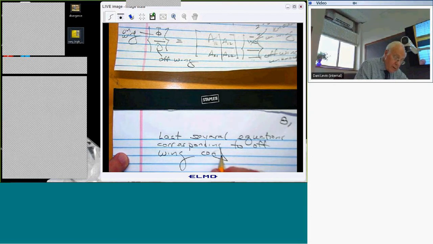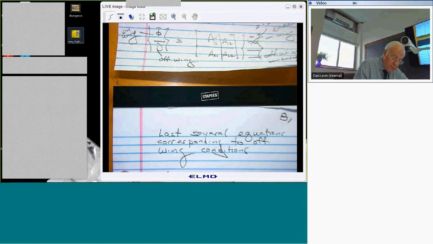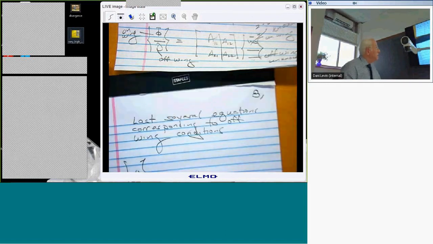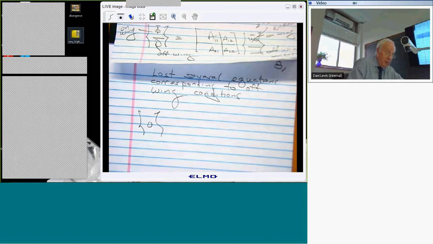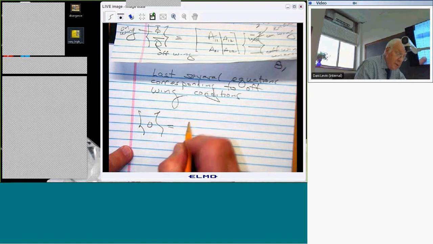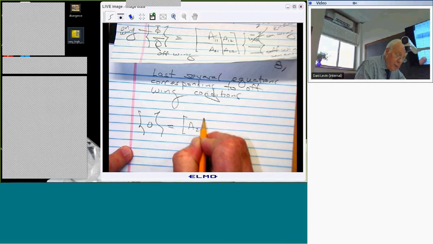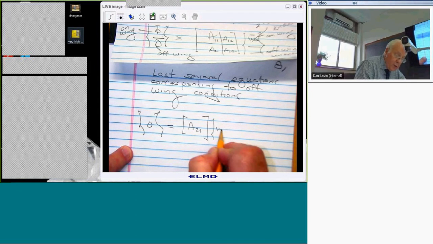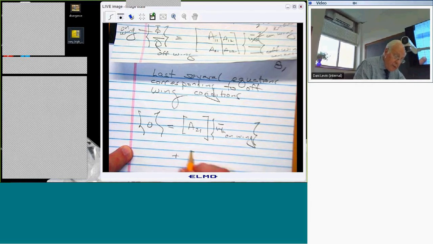What I know is that 0, that's V bar off the wing, is equal to A21 times W bar on the wing plus A22 times W bar off the wing.